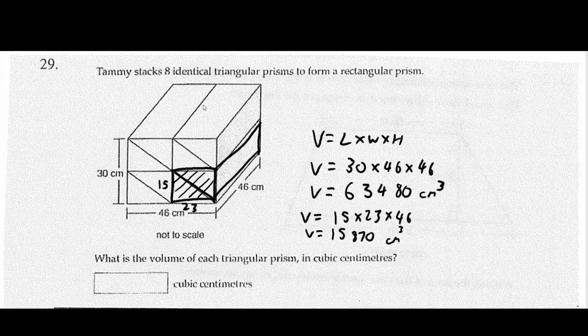So we just divide it by 2. 15,870 divided by 2. Type it into your calculator. 7,935 cubic centimeters. 7,935 cubic centimeters.